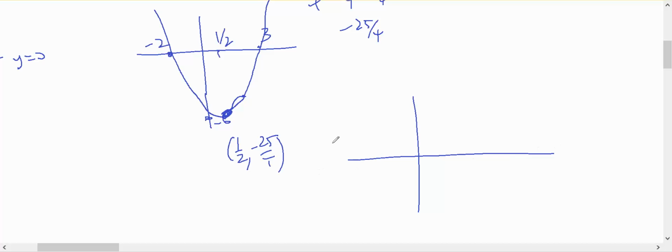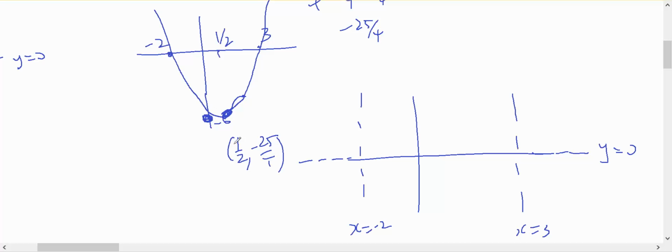Therefore, the reciprocal will have asymptotes at x equals negative 2, x equals 3, and y equals 0. And where this had a y-intercept of negative 6, that's going to become a y-intercept of negative 1/6.